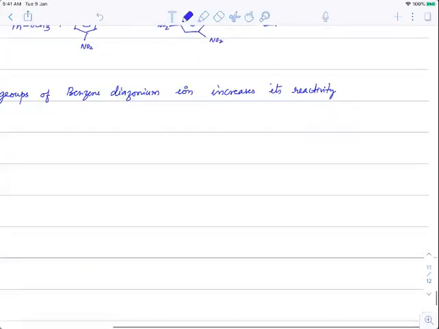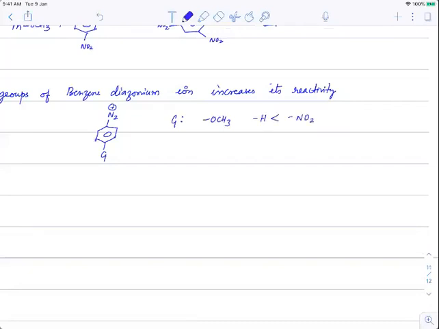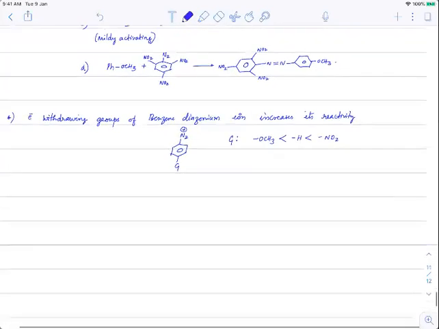So now for instance, if we have benzene with N2 plus, and I have some G group, and this G group could be OCH3, hydrogen, or NO2. Which one is strongly withdrawing? NO2 is strongly withdrawing, so reactivity would be like that. That's how the reaction will take place. Is that clear, beta?